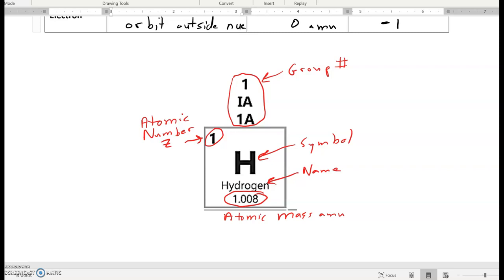So let's take a look at hydrogen and what we know. Because the atomic number, or Z, equals the number of protons.